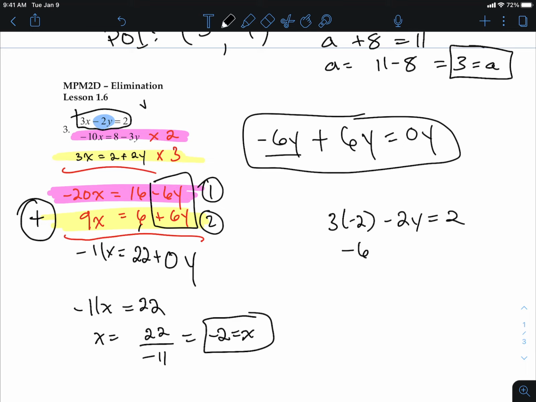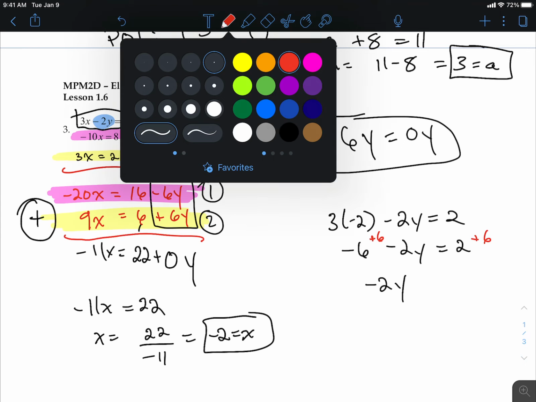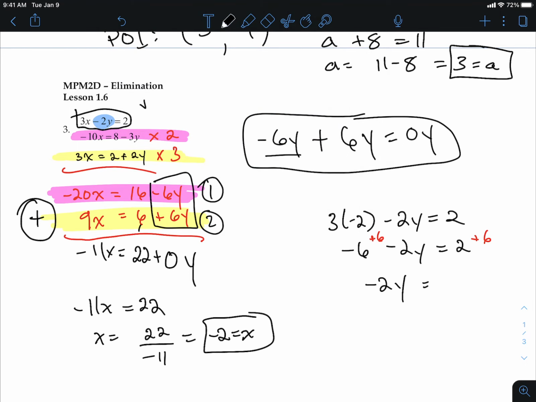Negative 6 minus 2y is equal to 2. Negative 2y, I'm going to add 6 to both sides. Negative 2y is equal to 8. y is equal to 8 divided by negative 2.